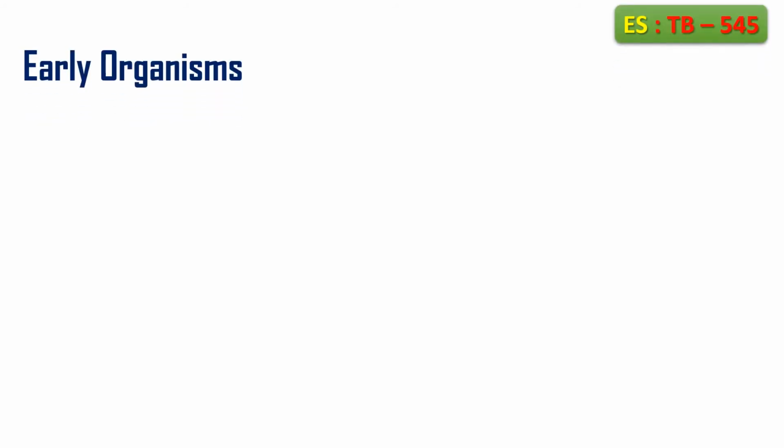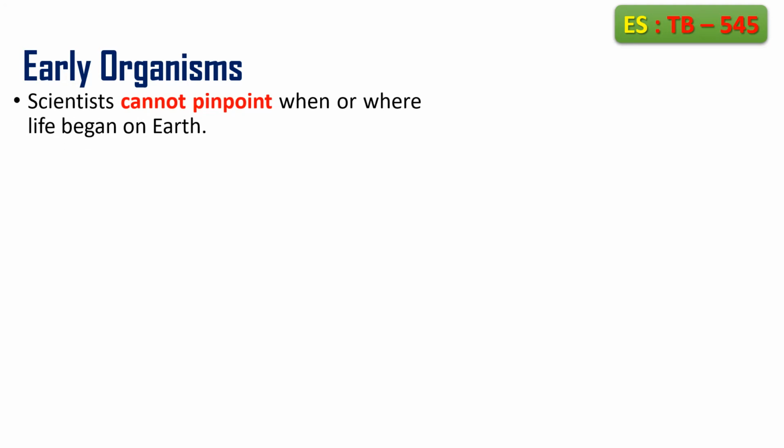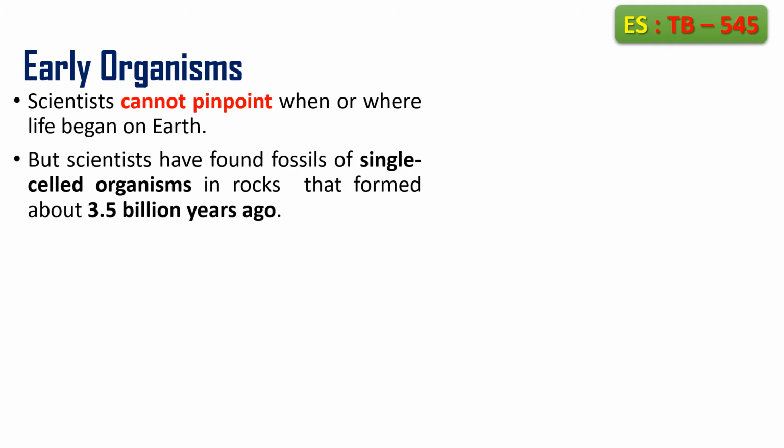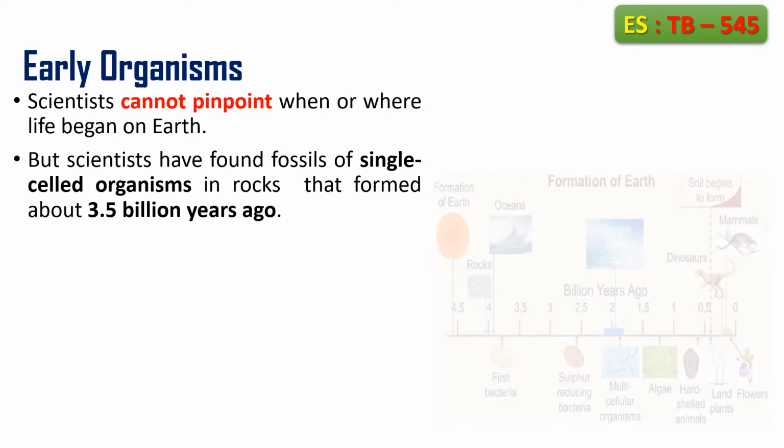Now let us discuss early organisms on Earth. Scientists cannot pinpoint when or where life began on Earth. But scientists have found fossils of single-celled organisms in rocks that formed about 3.5 billion years ago.